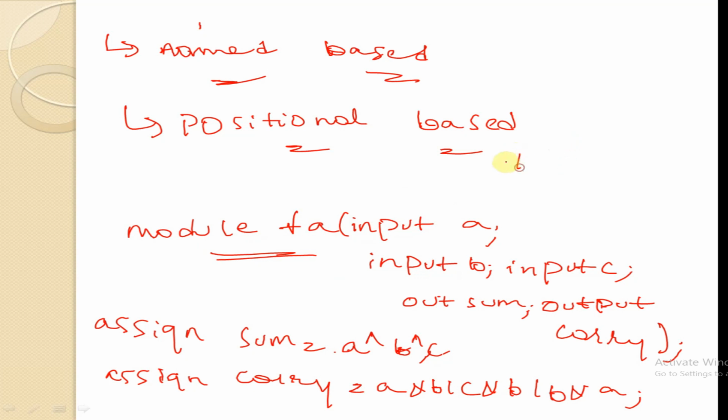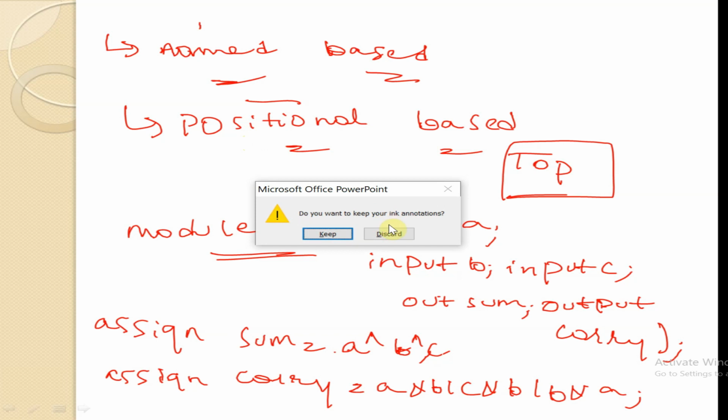Say I want to instantiate this full adder in another module, say top module. Then I have two options. One is name based instantiation and another is positional based instantiation. Wait a minute, let me add one more slide here.